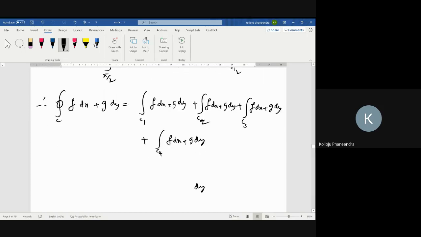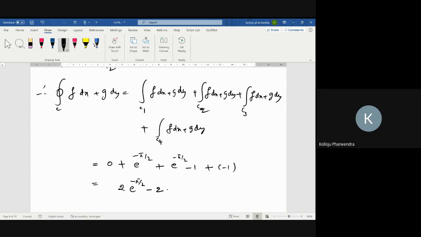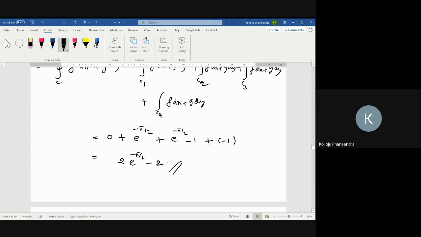One by one: over C1 the answer is 0; over C2 it is e power minus pi by 2; over C3 it is e power minus pi by 2 minus 1; and over C4 it is negative 1. Finally we have 2 e power minus pi by 2 minus 2. This is the value of LHS.